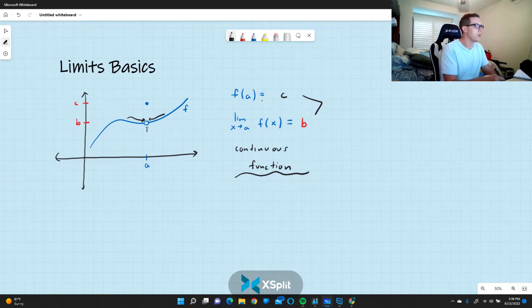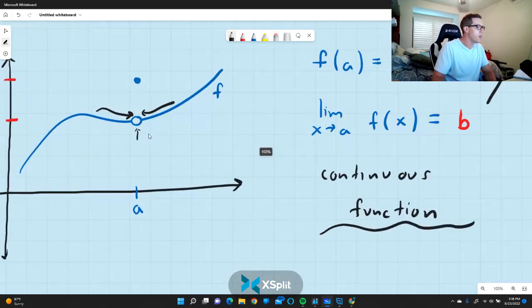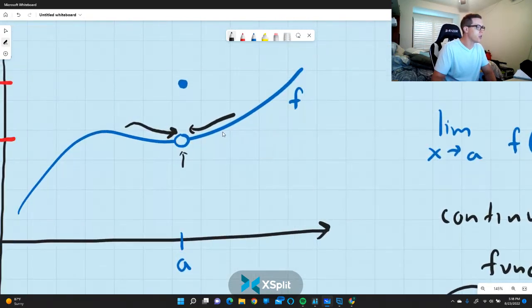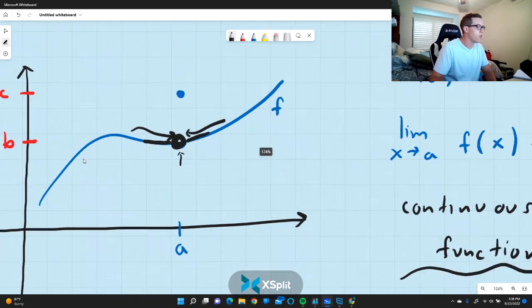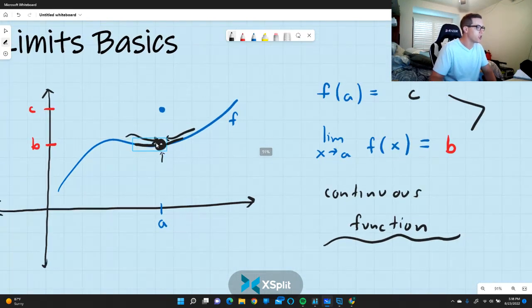What about the limit though? The limit, what are my fingers getting closer and closer to? Well, as I move along this curve, as I get closer and closer and closer to this spot right here, the curve is getting closer and closer and closer to the same y value it was when the function was actually continuous there.